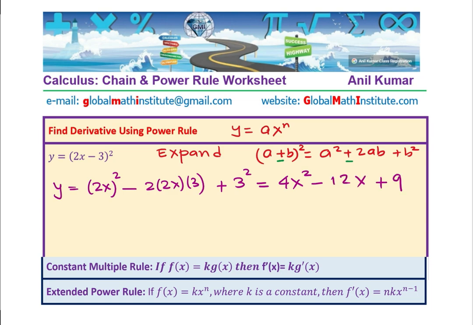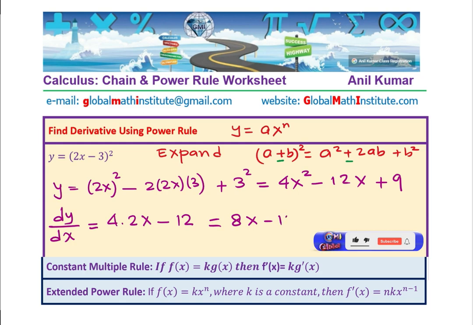So that becomes our function. Now we can apply the extended power rule. Differentiating with respect to x, we get dy/dx equal to 4 times 2 times x minus 12. x to the power of 0 is 1, and therefore we can write this as 8x minus 12. Is that clear to you? So slowly we are cutting down on steps which can be cut very fast.